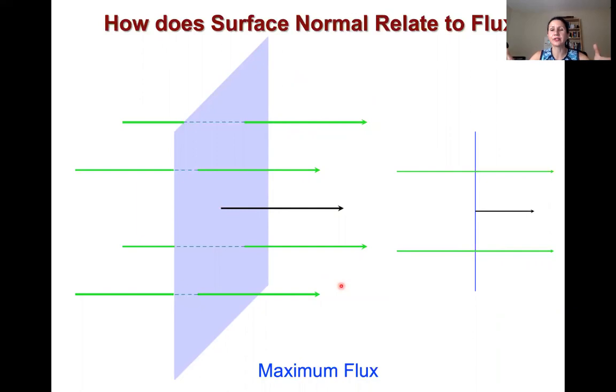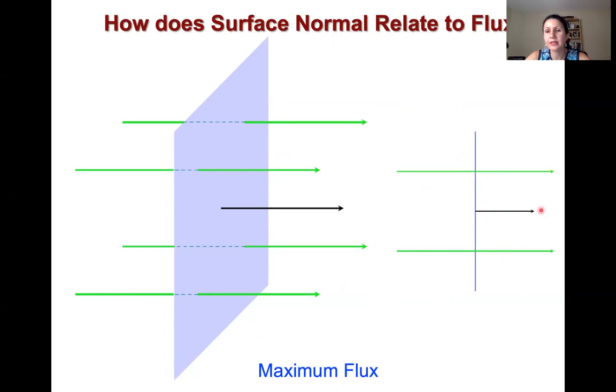So think about an umbrella. How do you maximize the number of raindrops that your umbrella will get? By holding it straight up so the rain is hitting it perpendicular. If you were to rotate the umbrella in the direction of the rain, there's less and less rain that hits it, although the rain itself, let's say, didn't change intensity.